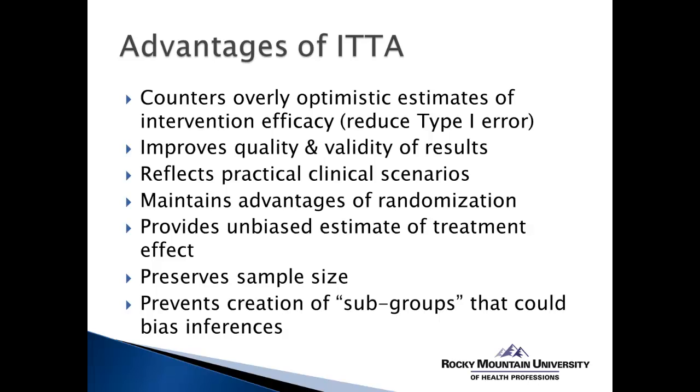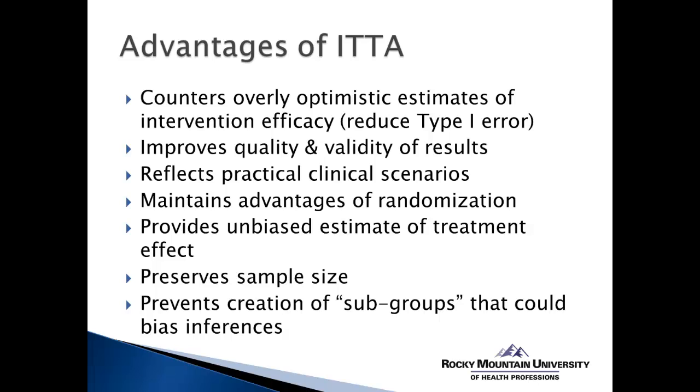Another advantage is that intention to treat maintains the advantages we had of the original randomization. So it helps maintain any prognostic balance generated from the original random treatment allocations. Because if we start excluding people, that could be done in a non-random way. And so when we do that, that tends to remove the benefits of the randomization. So now we end up with maybe some biased samples.